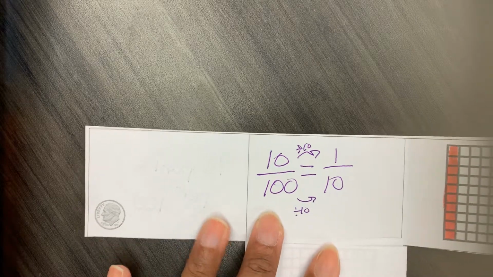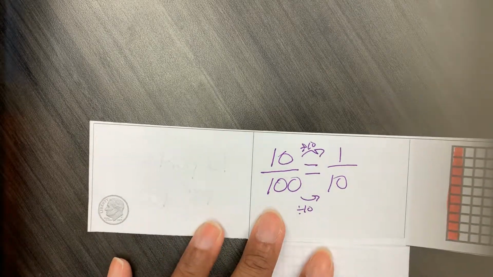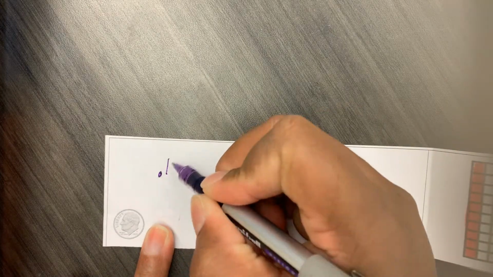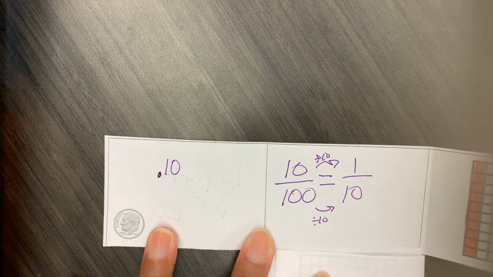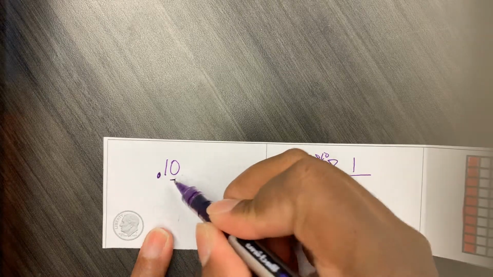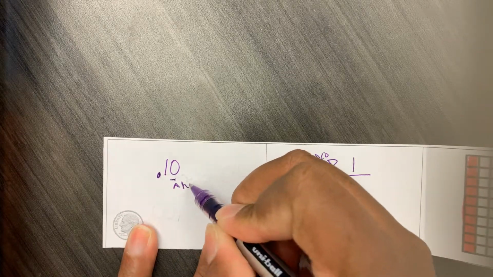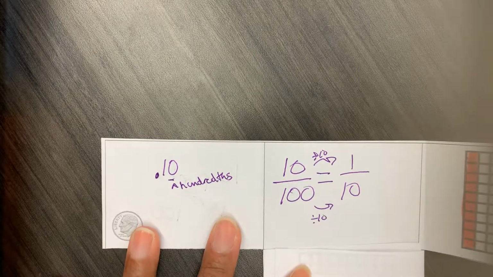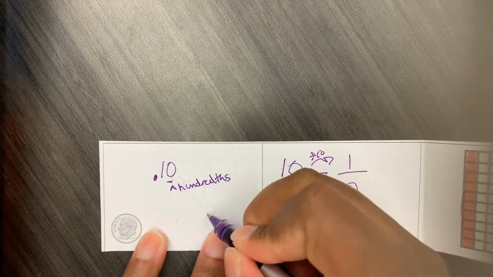And then in general, we also see it as a decimal. So we can see it as 10 hundredths, because the 0 is in the hundreds place. We can also say 0.1.